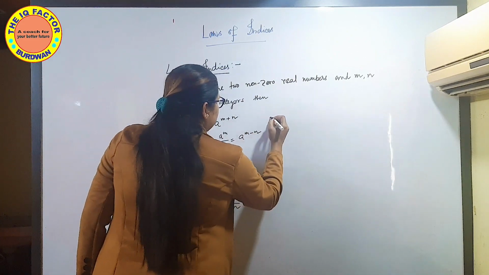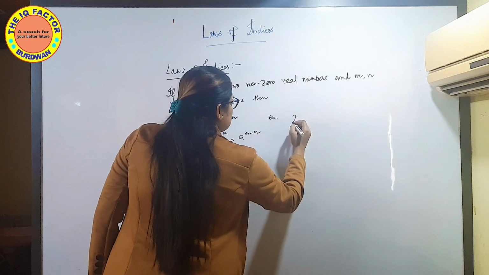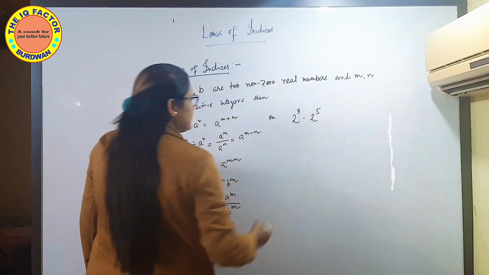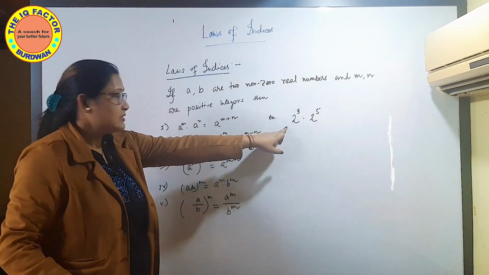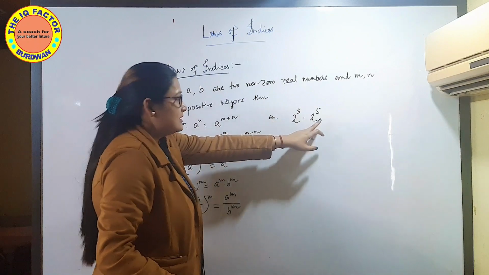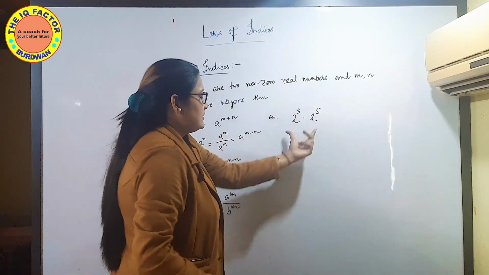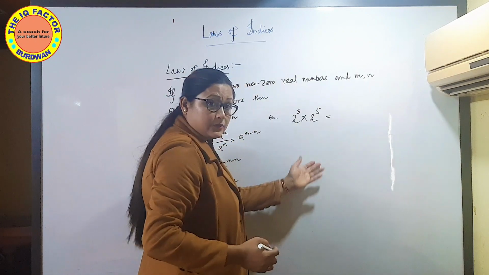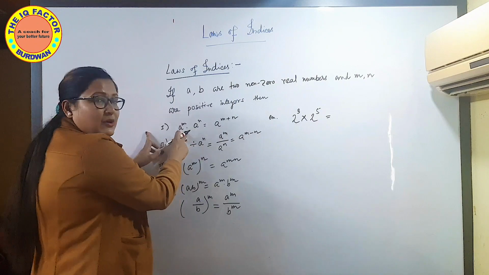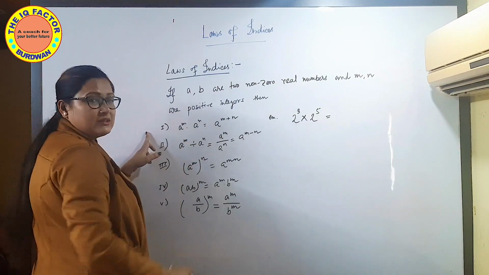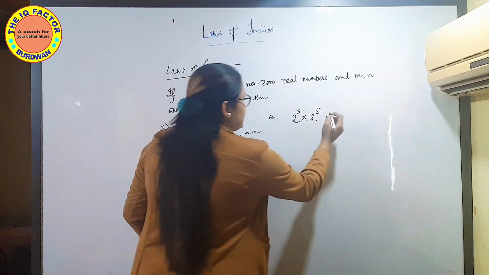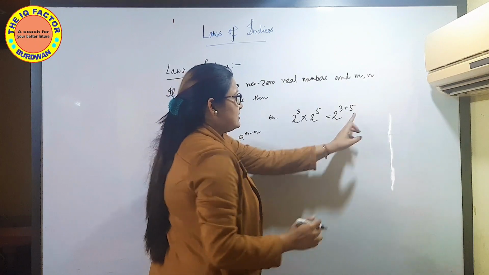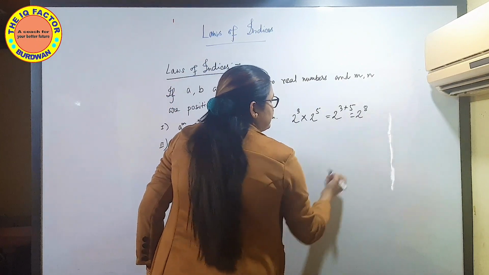For example, a is 2, m is 3 and n is 5. So, 2 to the power 3 into 2 to the power 5, how will we calculate? Applying the first law of indices, that is called the fundamental law of indices, a to the power m plus n. Here a is 2, m plus n is 3 plus 5, that is 2 to the power 8.